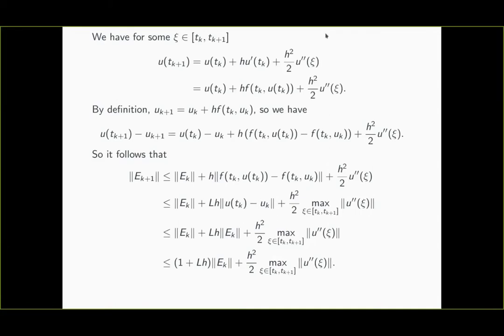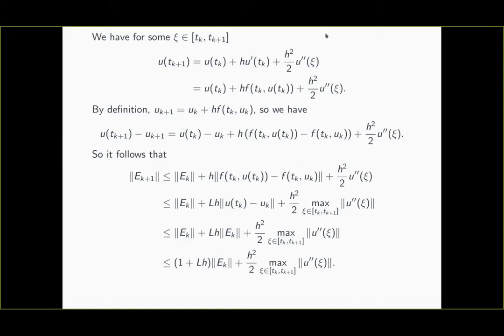So using these two simplifications, I get the slightly larger upper bound: the Euclidean norm of ek plus L times h times the Euclidean norm of u of tk minus uk plus h squared over 2 times the maximum of u prime prime of xi in Euclidean norm.